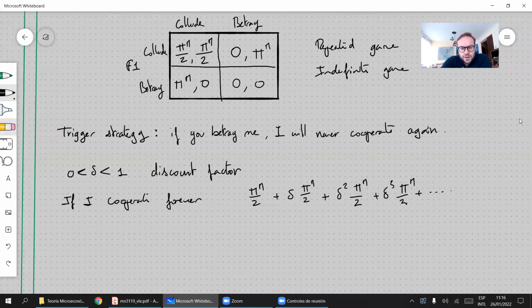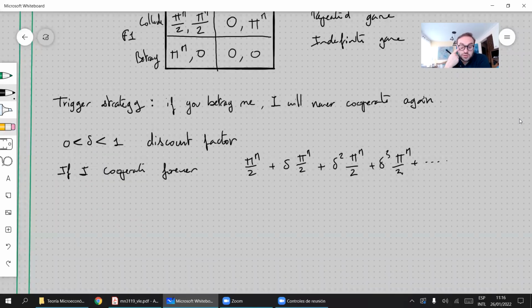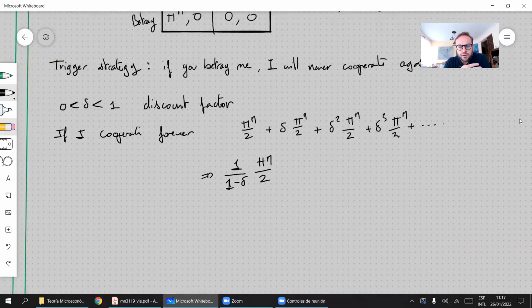You know by financial mathematics that I can write this down as 1/(1 minus delta) times PM over 2, because it's a sequence and because delta is between 0 and 1. So this is the expected payoff of the firm if it colludes and if both firms keep on cooperating forever.